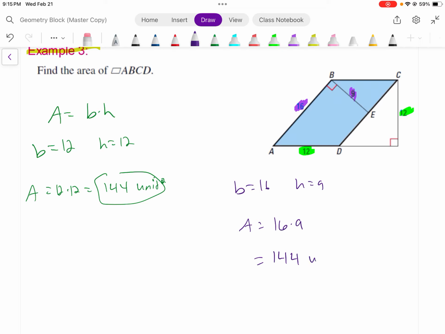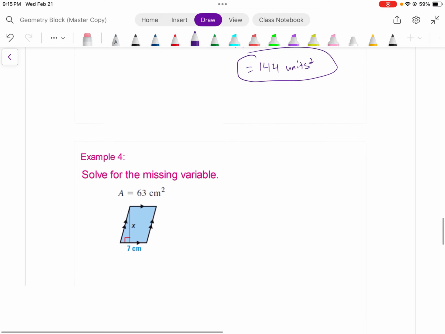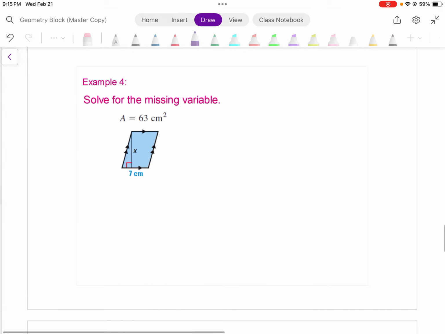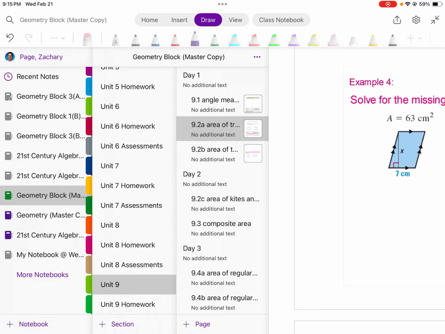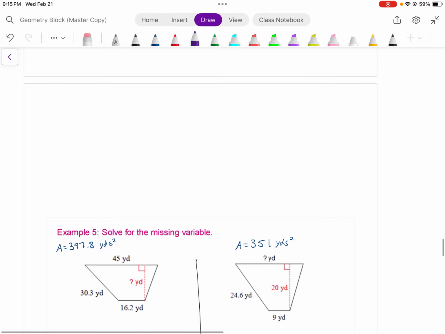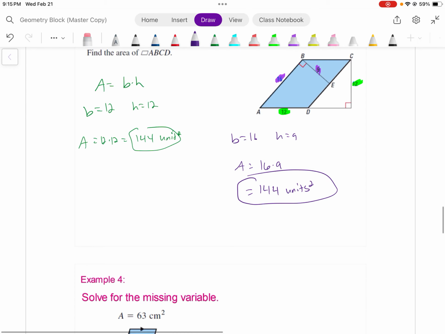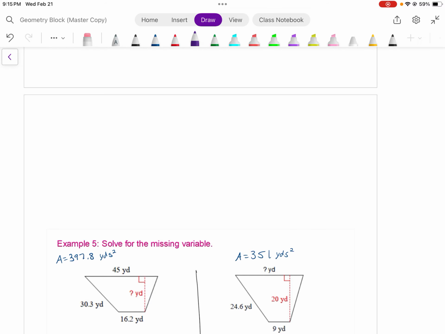So again, that emphasizes the fact that you define what your base is. Your height is going to be the perpendicular distance. And for that, we're going to leave it at that for triangles, rectangles, and parallelograms.